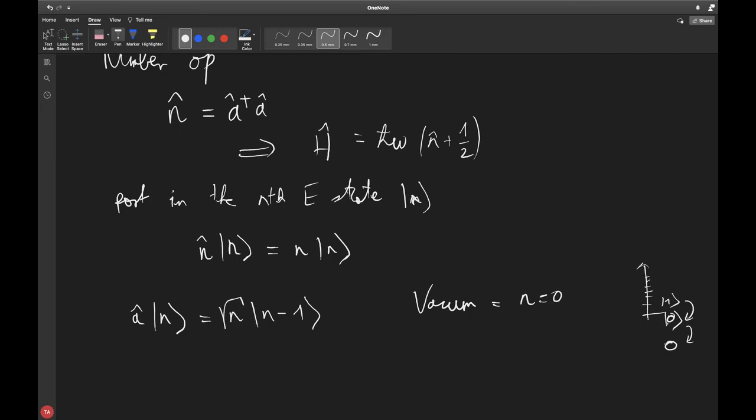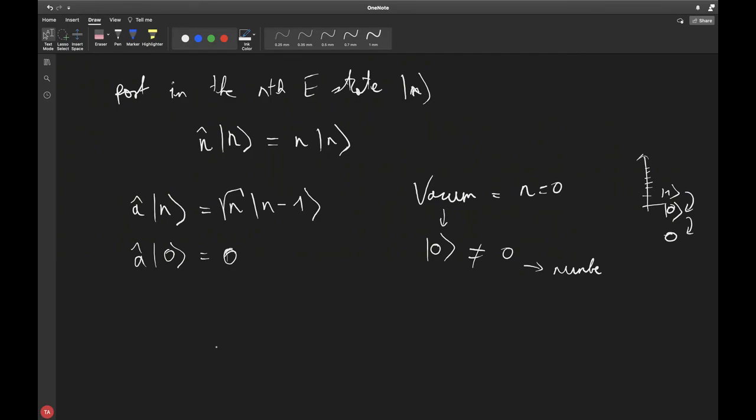So this is not the same as this. This is the state which denotes vacuum, and this is just the number 0. But then when you do a on this thing, it would give the -1 state. But because there is this square root of n here, which is going to give us a 0, that just means that you can't do this anymore, right? So that's one of the reasons why we have a factor of square root of n here.